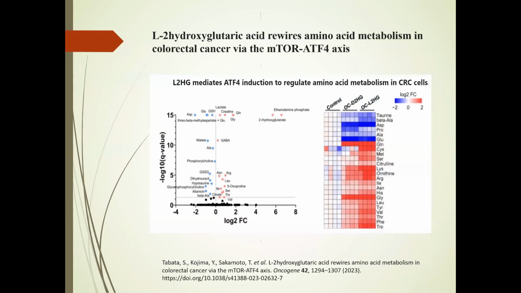I just brought one example here: 2-hydroxyglutaric acid, which has been shown in many different types of cancer. Here you can see on the heat map that the D or L enantiomer of hydroxyglutaric acid has a totally different effect on the reprogramming of amino acids in the cancer cell, a colorectal cancer cell.